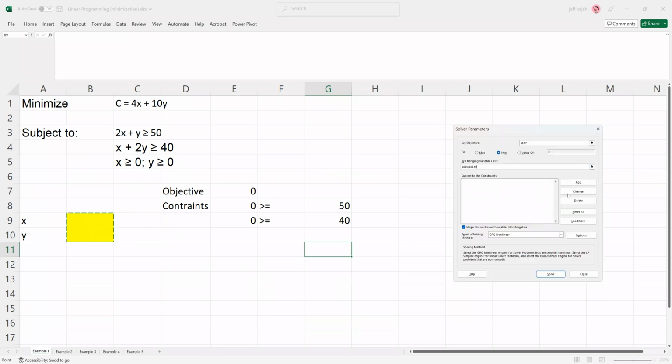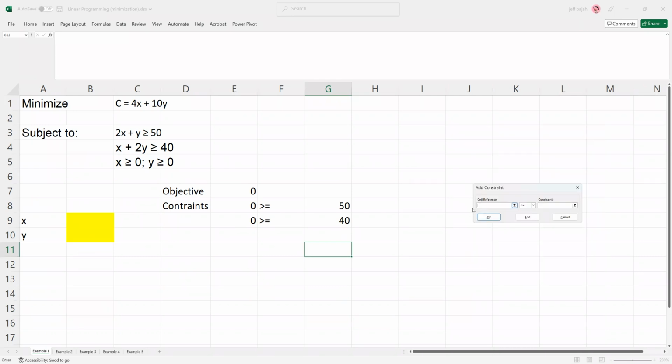And we have to add the constraints. The first constraint is this, and we have to change this so that it's this sign, and it's this number. And then we add the second constraint, make sure we change this, and that's the number. And then we say, okay, we're done.